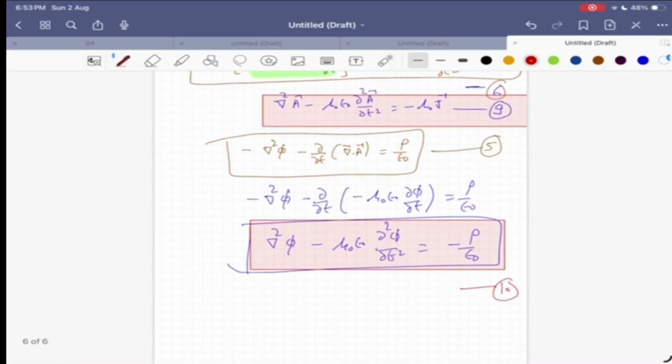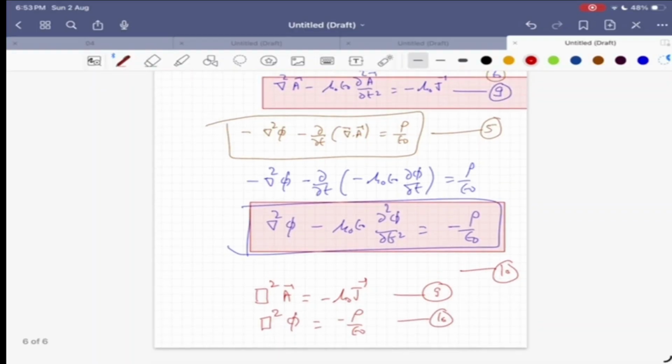Under this gauge they are very symmetric, and I can write 9 in the form of the D'Alembertian: D'Alembert A is equal to minus mu naught j, and the 10th is also with the D'Alembert operator: D'Alembert phi is equal to minus rho upon epsilon naught.